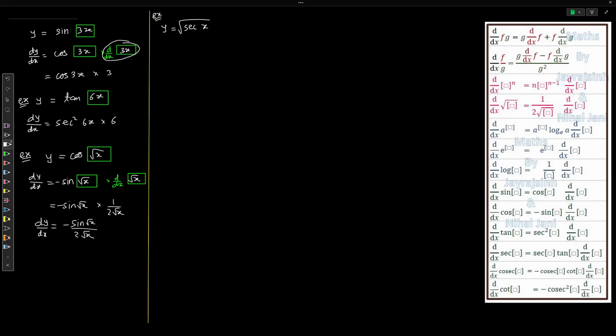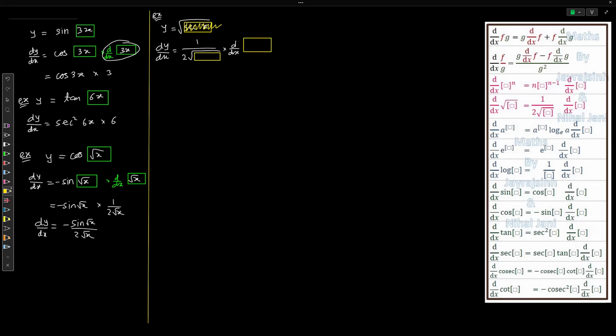Moksha, tell me, on what will we take the box? We will take the box on sec x, right? So we forget about it. So differentiation of simply root box, for differentiation of root box, into d by dx of box.